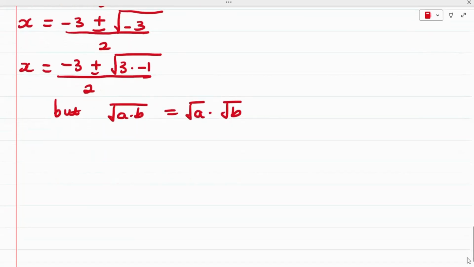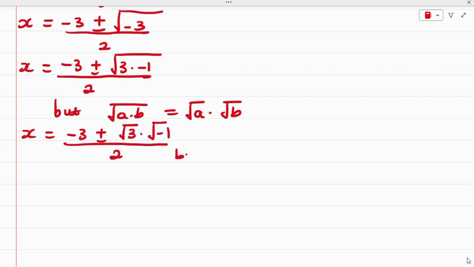So applying this, we have that x is equal to -3 plus or minus the square root of 3 multiplied by the square root of -1, divided by 2, but the square root of -1 is equal to i. So we have that x is equal to -3 plus or minus the square root of 3 times i, divided by 2.